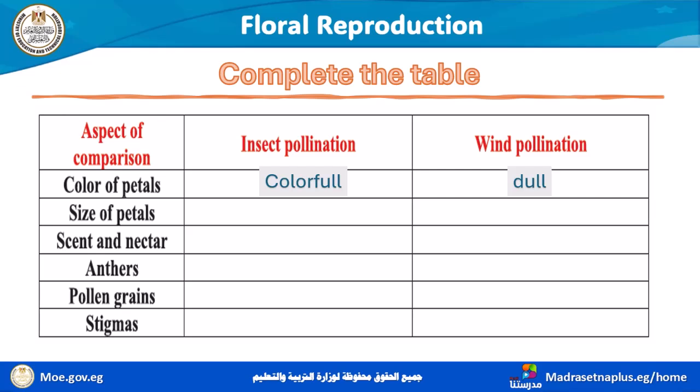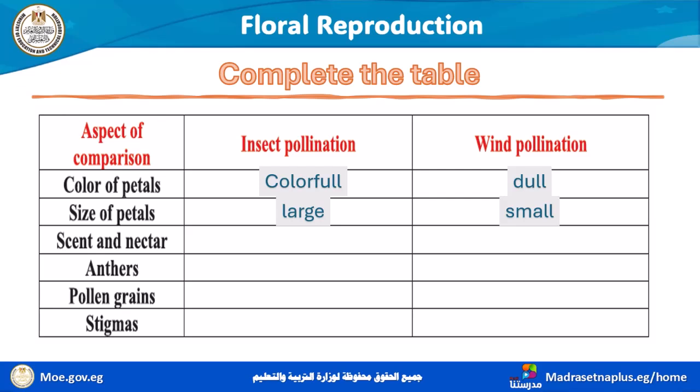The second aspect is the size of petals. In case of insect pollination, the petals are large, while in case of wind pollination, the petals are small.